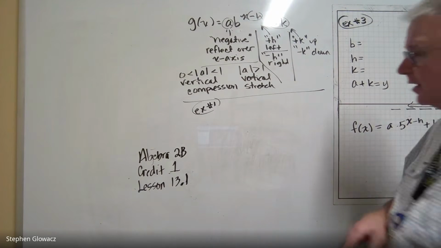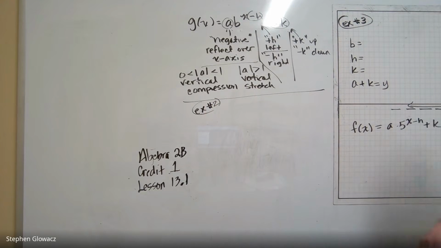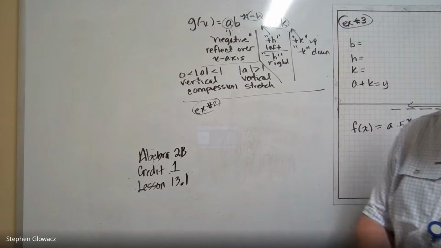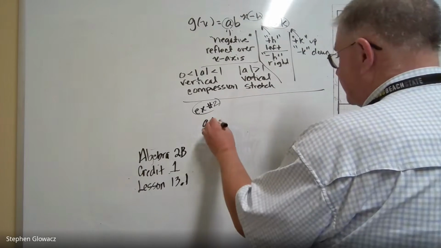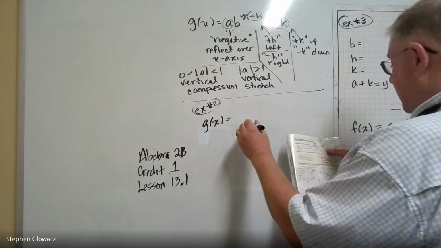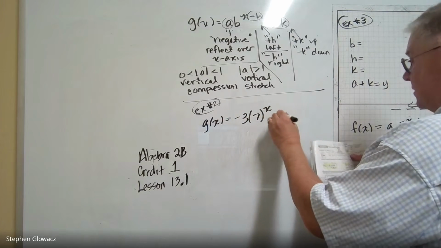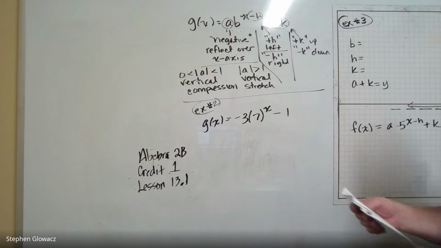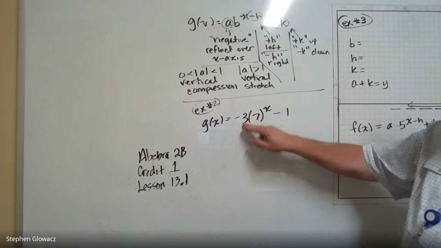As we work here in this little area, because we have a graph coming up for number 3, let's take a look at an example for number 2. For number 2, we have the function g of x equals negative 3 times 7 to the power of x minus 1. Notice this time we do have a number in the place of a.